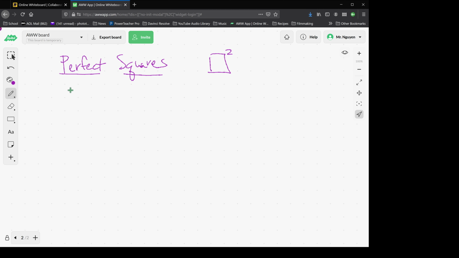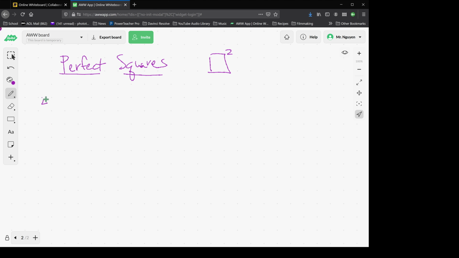I want you to try as best you're able to memorize a bunch of these, going to 100. I'm going to give you the list of numbers that are perfect squares. And it's very good if you memorize this.